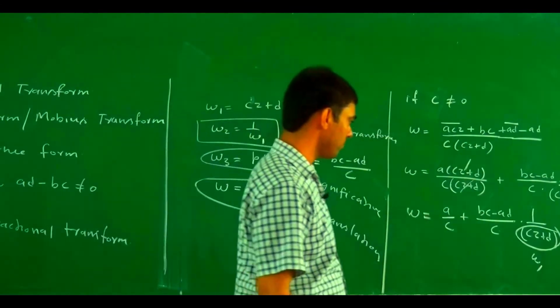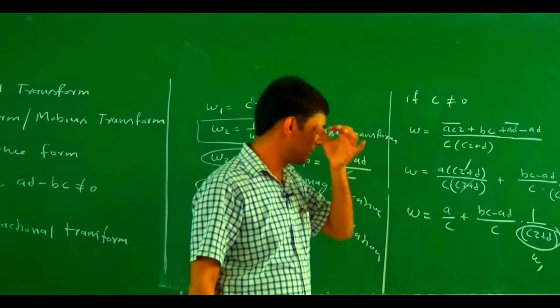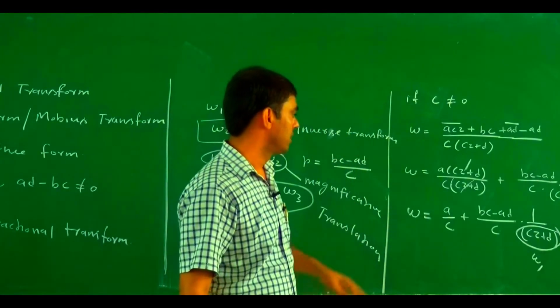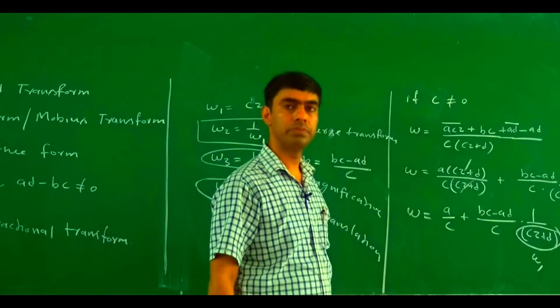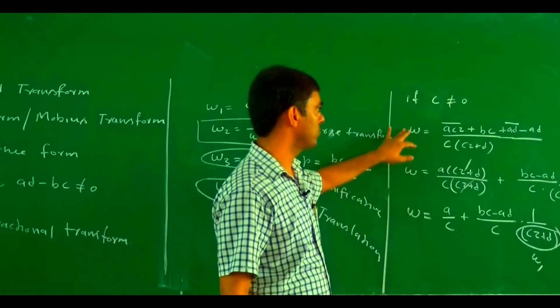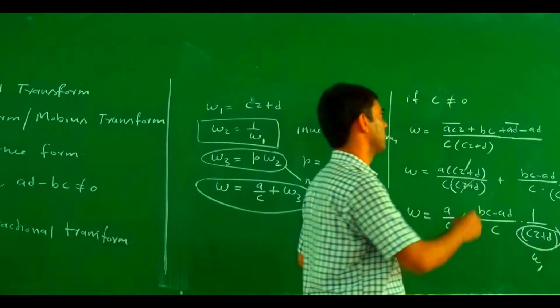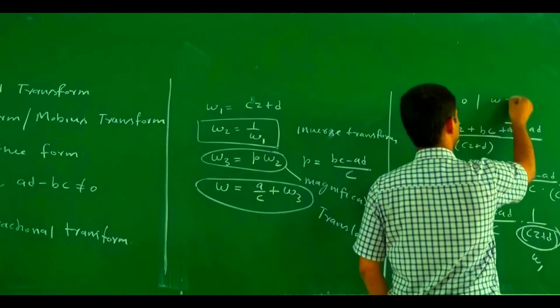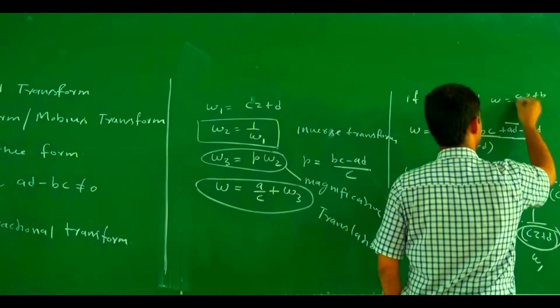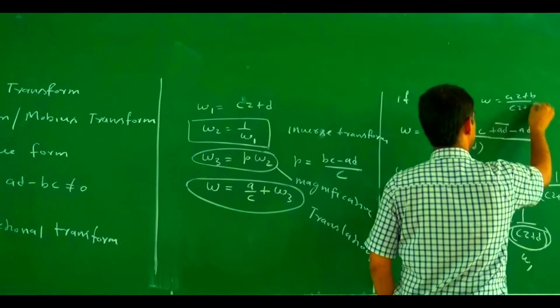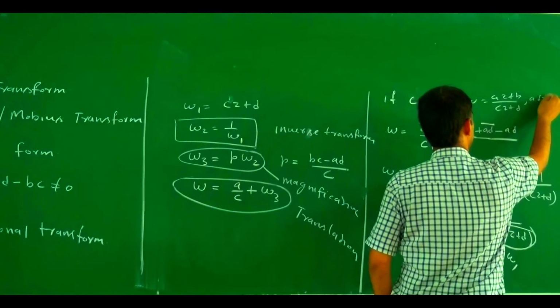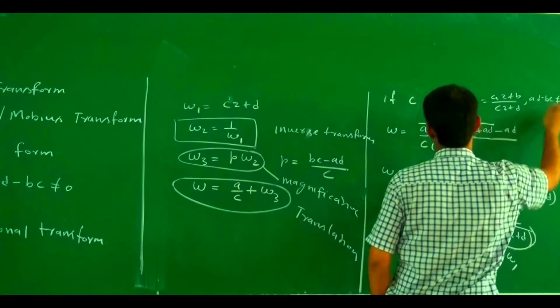And also, if we closely observe, if C does not equal 0, then bilinear transform means W equals AZ plus B divided by CZ plus D, with AD minus BC not equal to 0.